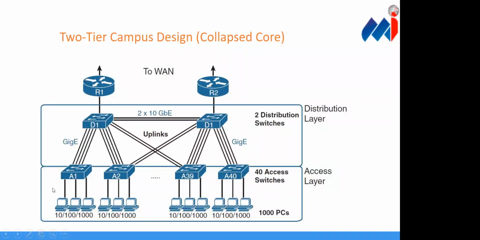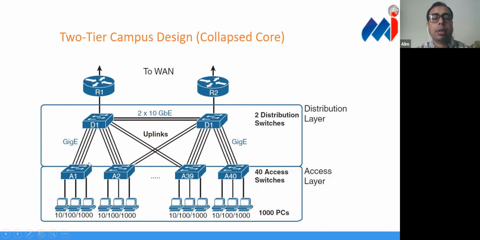Aggregation means access layers have different traffic coming to the distribution or aggregation switch, and it aggregates and passes the traffic to the outside LAN or internet connectivity. R1 and R2 routers are connected to wide area network or ISP. Okay. So these two-layer distribution can be used.